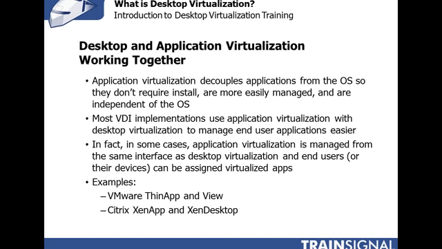In fact, in some cases, application virtualization is managed from the same interface as the desktop virtualization solution, and end users or their devices can be assigned individual virtualized applications. That's how it works with VMware View and ThinApp, but other desktop virtualization solutions may work differently. So examples of desktop and application virtualization solutions, like I said, VMware View and ThinApp, also Citrix XenApp and Citrix XenDesktop.